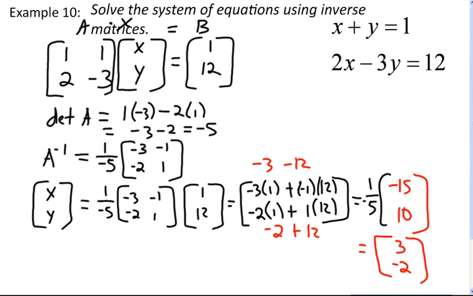So our solution, we want to put it in ordered pair form. x is 3, y is negative 2. So if you want to check your answer, you can plug 3 in for x and negative 2 in for y and verify that it equals 1 and it equals 12 on each equation, which it does.